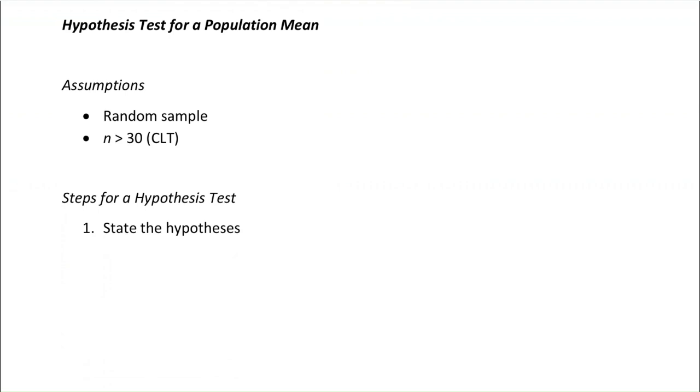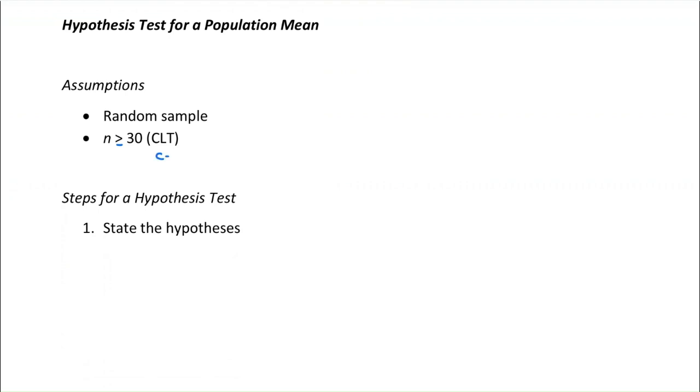So when we do this test, first of all, we start with assumptions. Remember we had assumptions with confidence intervals. We also have the same assumptions here. In order to do a hypothesis test, in the way that we're going to do it, we have to make sure that the sample is random, and that the sample size is greater than or equal to 30.